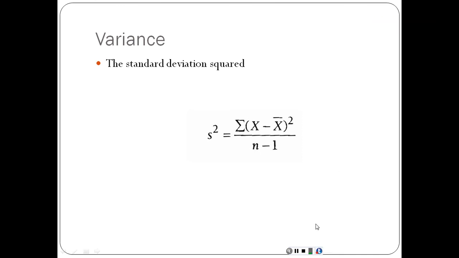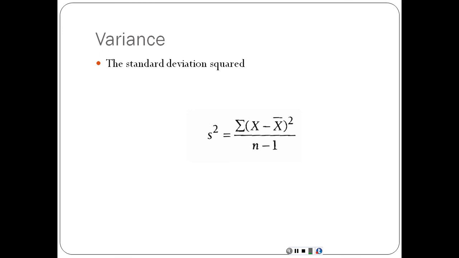Now let's look at variance. If you know the standard deviation of a set of scores, and you can square a number, then you can easily compute the variance of that same set of scores. Notice this is the exact same formula we saw a few minutes ago, but without the square root bracket.